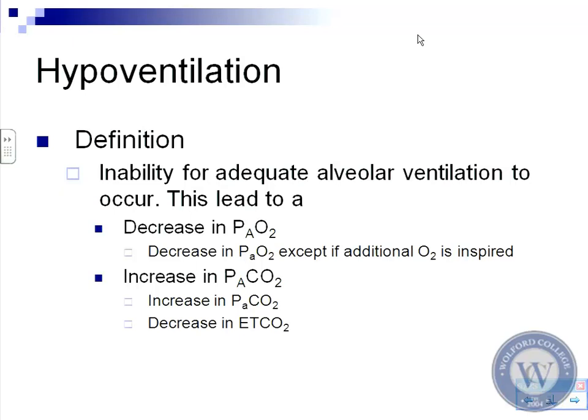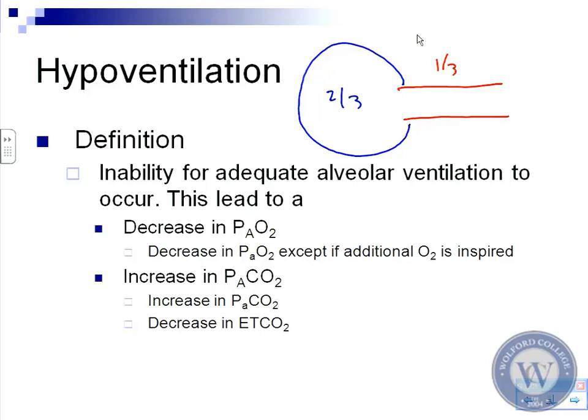So let's look at a little diagram here that I'm going to give you. And do dead space first, and then we'll do a little bit of alveolar ventilation here. Okay. The size difference for this is 2/3 versus 1/3. So this is dead space, and this is alveolar ventilation. Okay? And eventually you have your endotracheal tube up here where you have your measurement of your end tidal CO2.